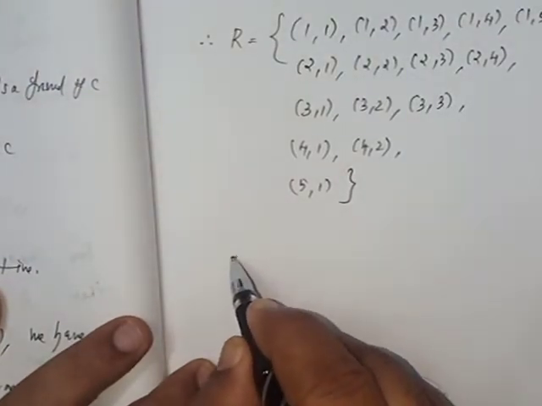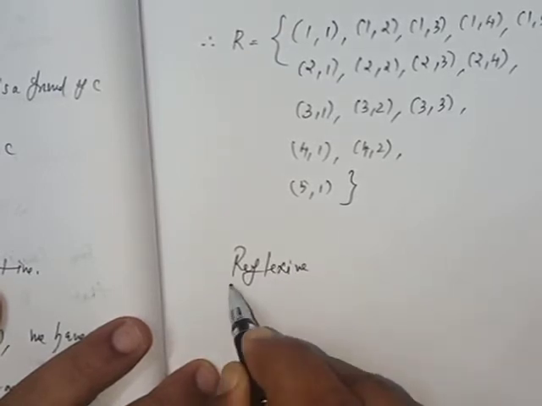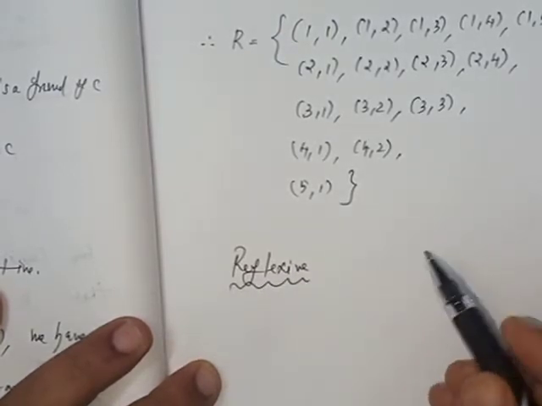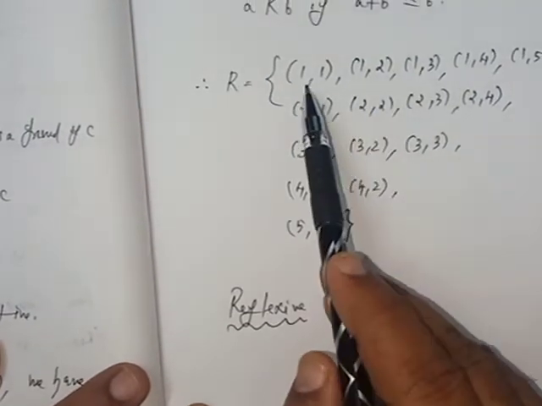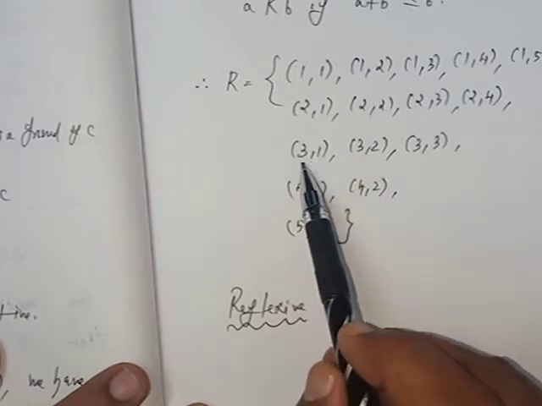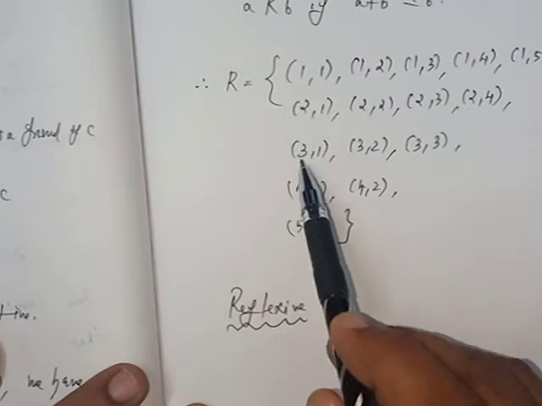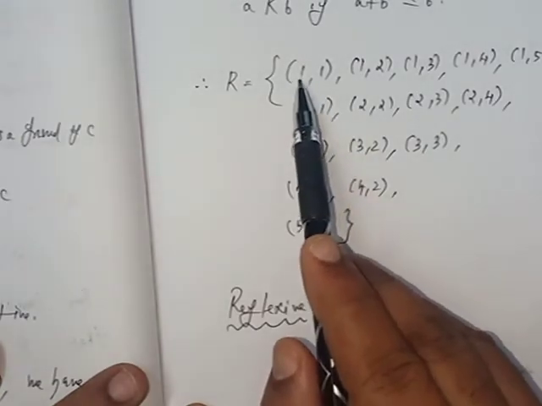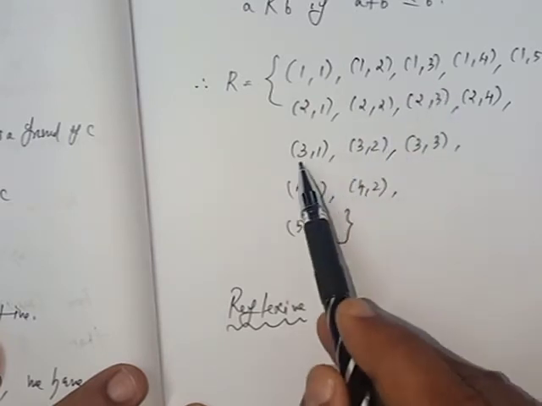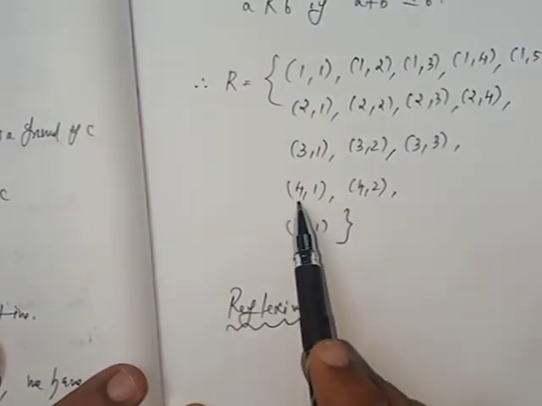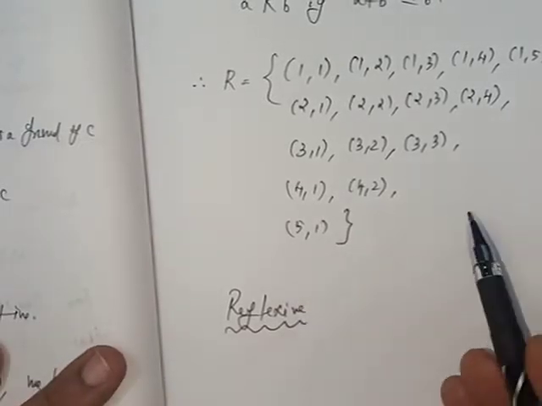First I start with reflexive. Reflexive in natural numbers. In natural numbers we have taken number 1, number 2, 3, 4 and 5 also. Since we have taken all the 5 numbers 1, 2, 3, 4 and 5, 1 comma 1 must be there, yes. 2 comma 2 must be there, yes. 3 comma 3 must be there, yes. 4 comma 4 must be there, no 4 comma 4. 5 comma 5, no 5 comma 5.